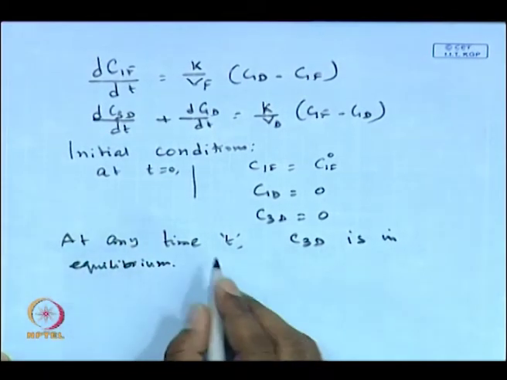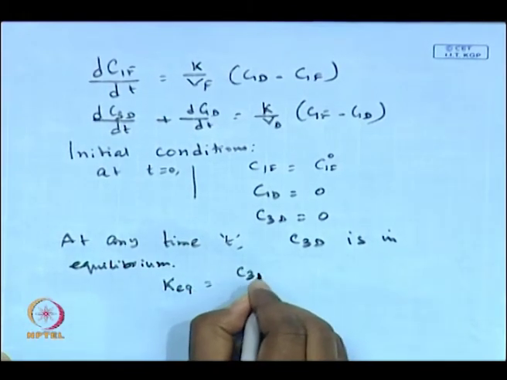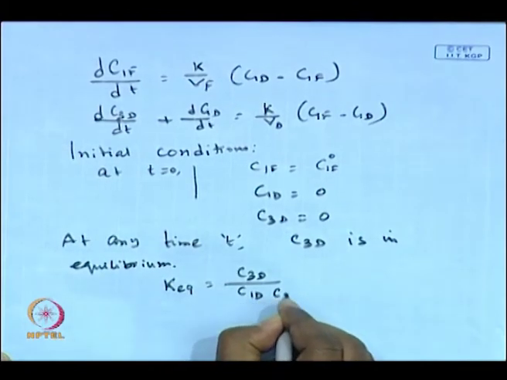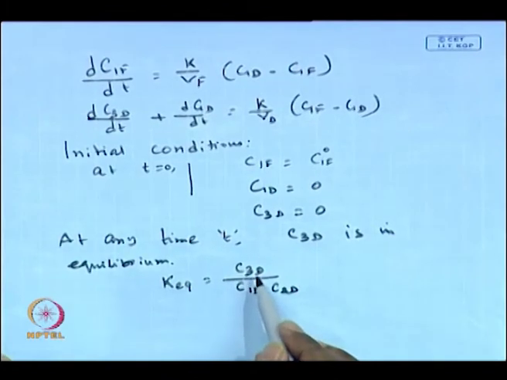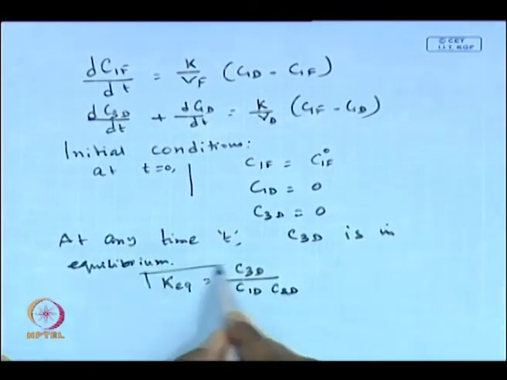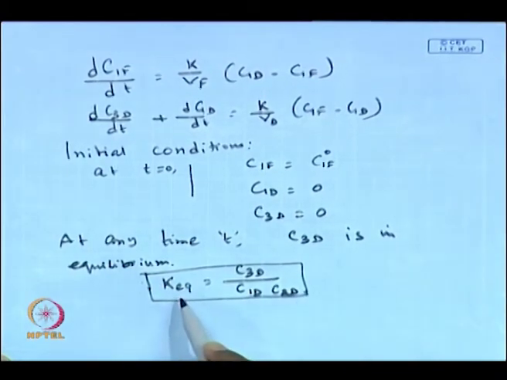In terms of the equilibrium constant, you can express it as C3d divided by C1d times C2d. This is the concentration of anilinium ion, this is the concentration of aniline on the dialysate side, and 2 is the concentration of sulfuric acid on the dialysate side. This equilibrium relation gives you the concentration. That will be a constant for a particular temperature.